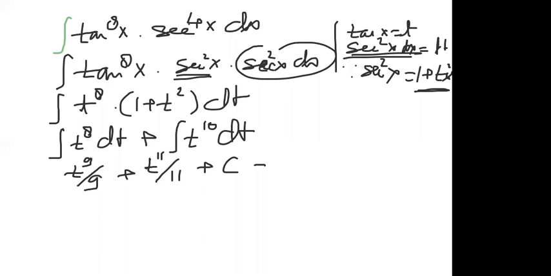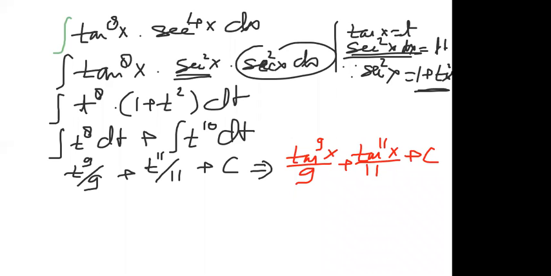So it implies tan^9 x upon 9 plus tan^11 x upon 11 plus c. This will be the answer.